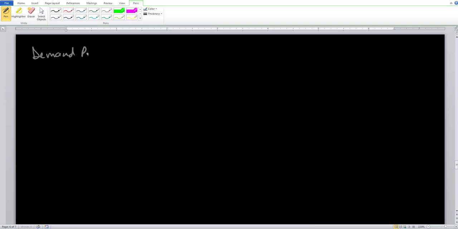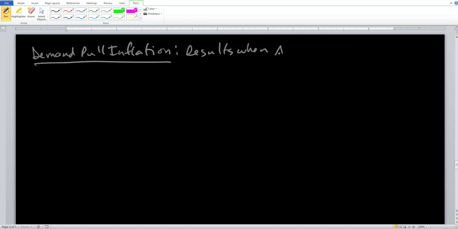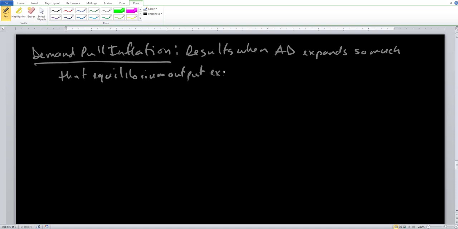Demand pull inflation is going to lead to inflation in the long run, but this is going to result when the aggregate demand expands so much that equilibrium output exceeds full employment output and the price level rises.